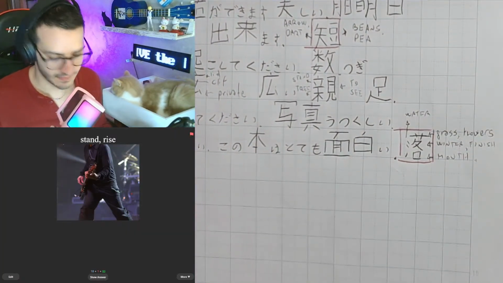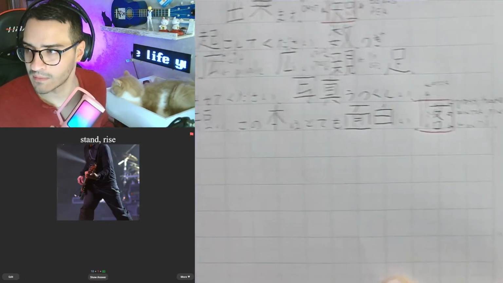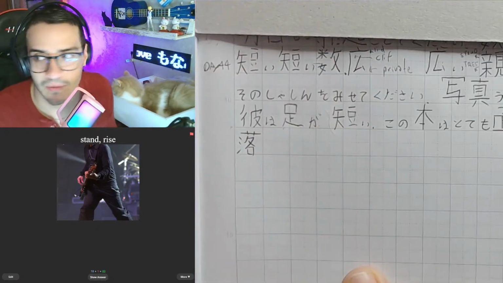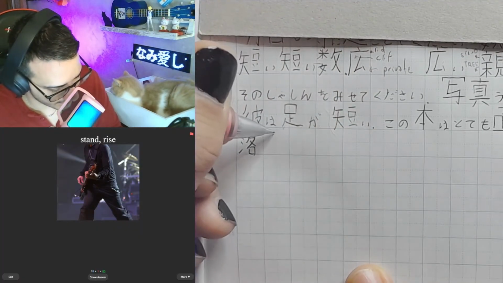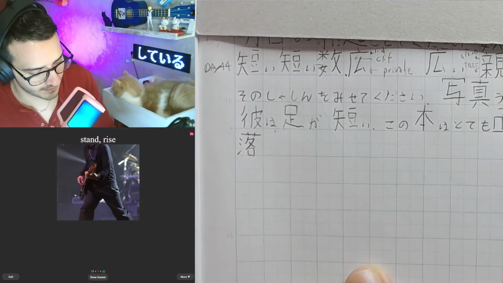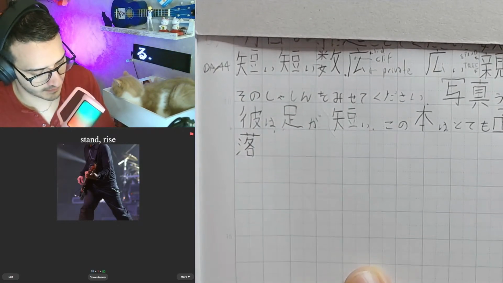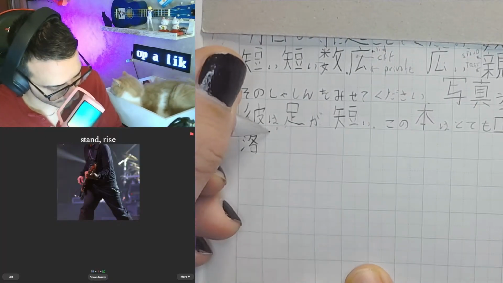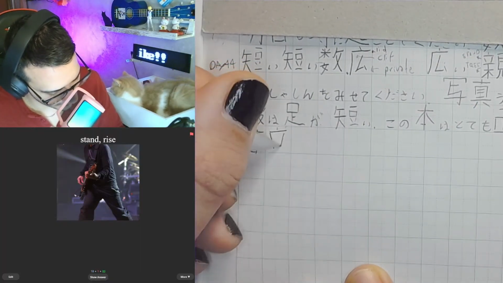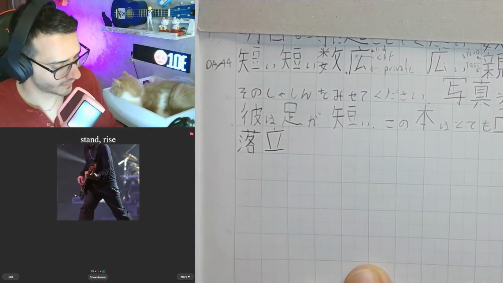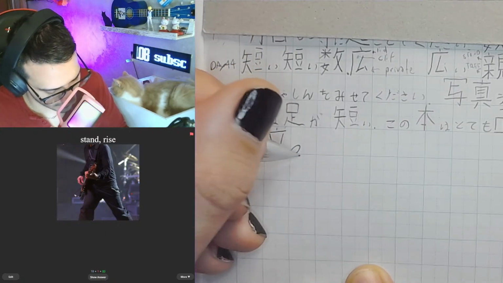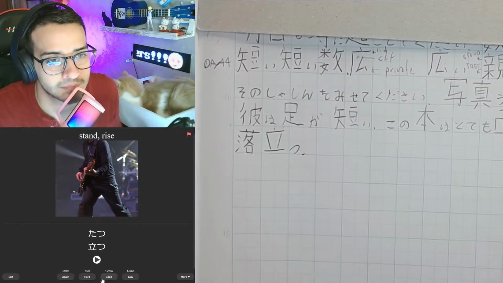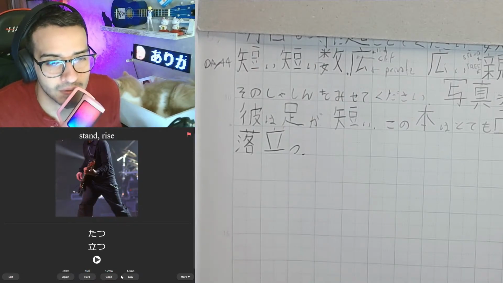Stand or rise. Very easy. Tatsu. 立つ, Tatsu. Easy.